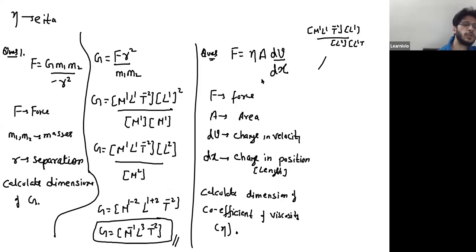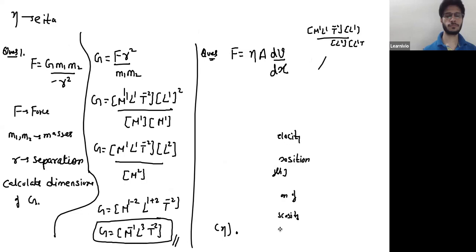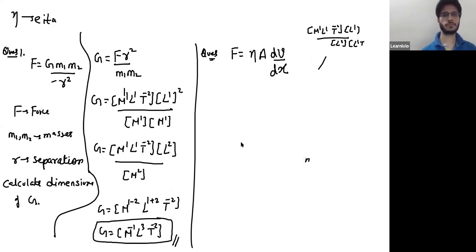Hamda, it won't be T to the power minus 3. It would be T to the power minus 2 minus 1. Just check your calculations. You're making mistakes in subtraction. Yes, sir, it's understood.